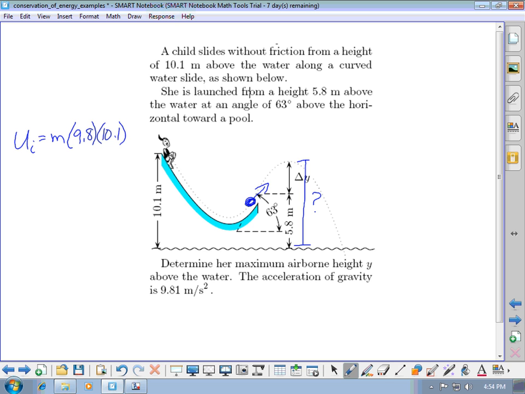Now what we're doing in this is we're saying that the height equals 0 at the water. Because all of our heights are given relative to that point, that's the most convenient place to pick. So this initial potential energy is 98.98 times her mass. This is not 98.98 meters. The m there is the mass of the girl.